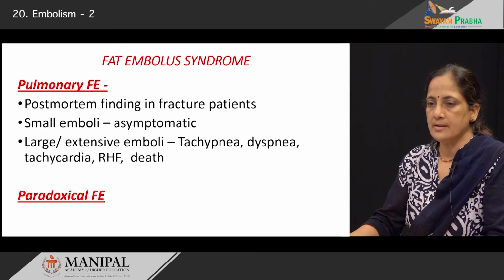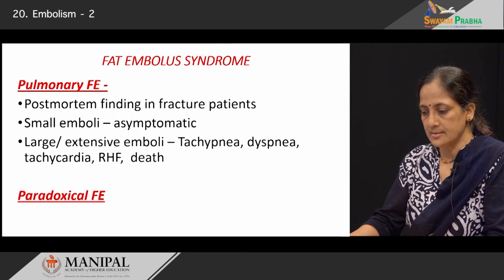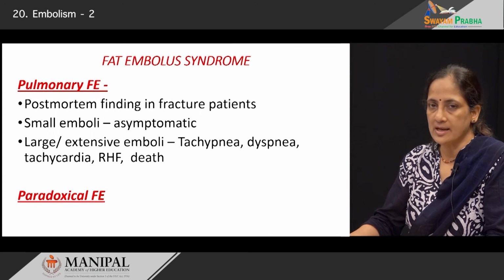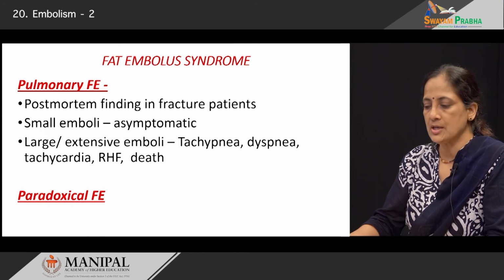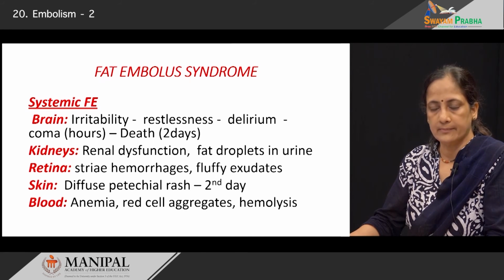As with all other emboli, if the pressure in the right heart increases, a patent foramen ovale, when present, facilitates the movement of fat emboli from the pulmonary side of the circulation into the systemic circulation. Systemic fat emboli can reach the brain, kidneys, retina, skin and blood.